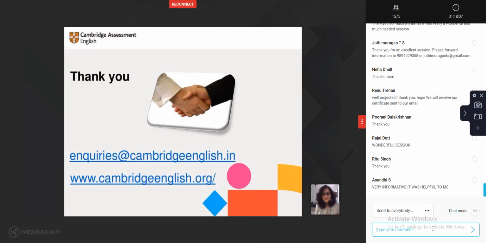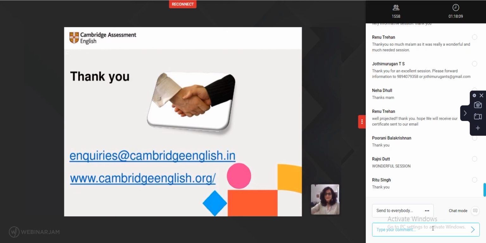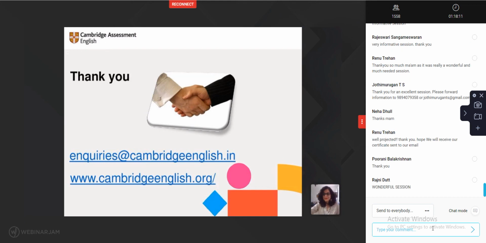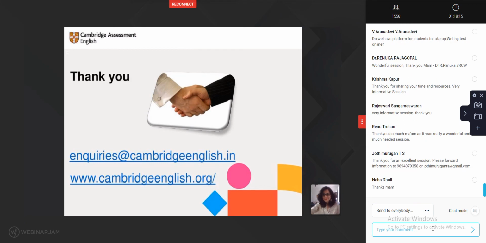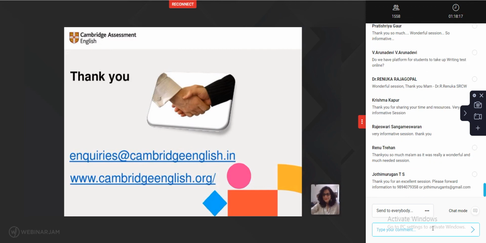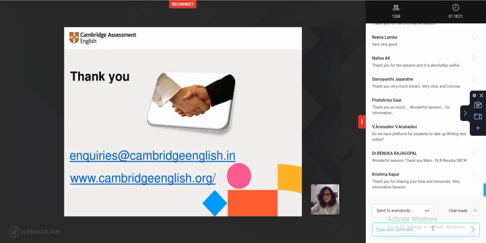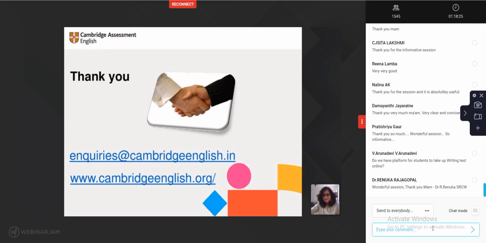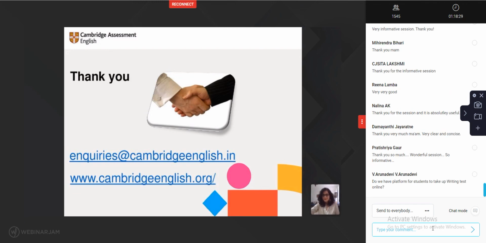So if you would like to know more about how your school could work along with us, how we can work along with your English department to offer this at a school level or at a college level, there is an email ID there, enquiries@cambridgeenglish.in. If you would like to know more about the resources that Shayanti shared, just drop us an email and we'll send you the resources.